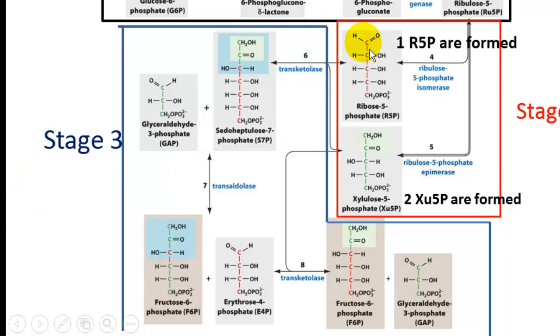One of these ribose 5-phosphates is going to react with one of these xylulose 5-phosphates, leaving one more away. That 1-to-1 reaction is catalyzed by a transketolase.